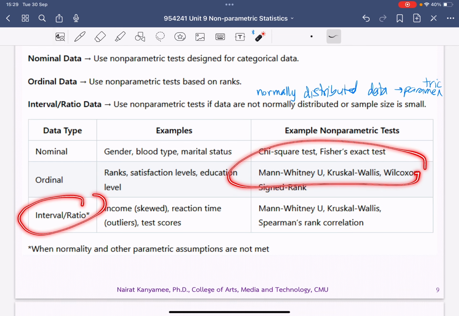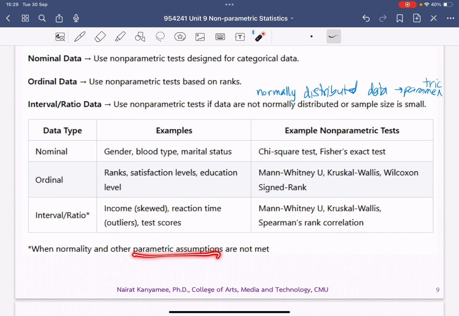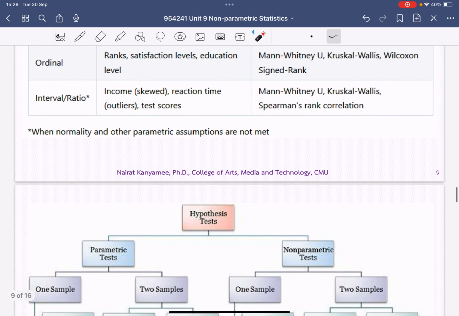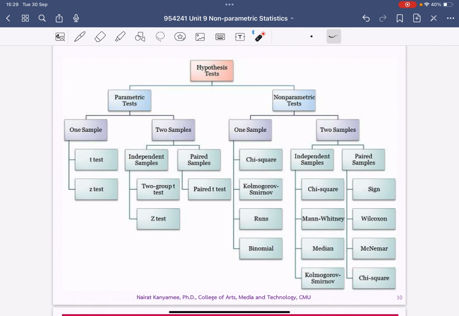For interval or ratio data, when the data are not normally distributed or the assumptions for parametric tests are not met, then we use these tests. Here is the whole chart. Actually, there are more here, ANOVA, for more than 2 samples.